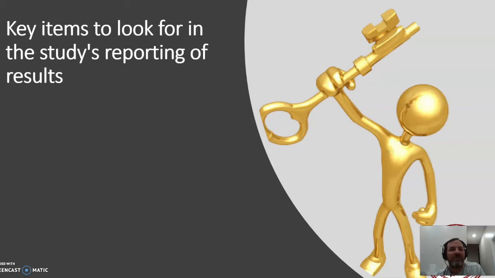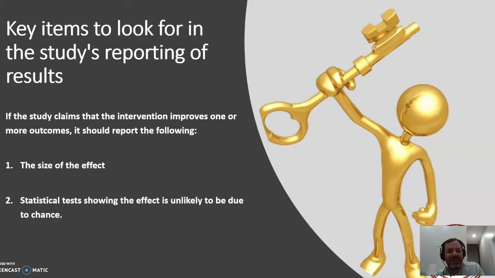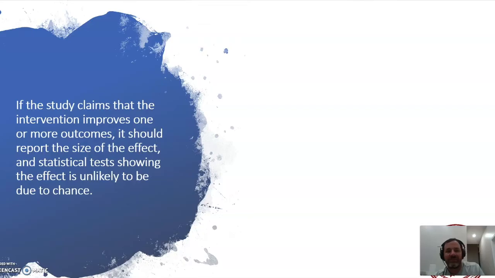Key items to look for in the study's reporting of results. If the study claims that the intervention improves one or more of the outcomes, it should report the size of the effect and statistical tests showing the effect is unlikely to be due to chance. Specifically, the study should report the size of the difference in outcomes between the intervention and control groups.